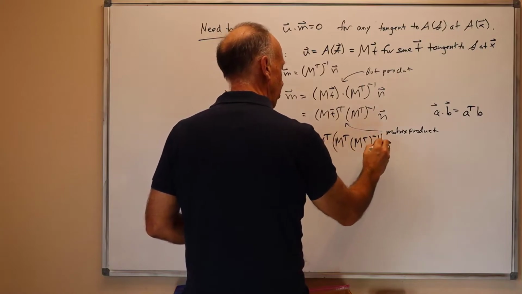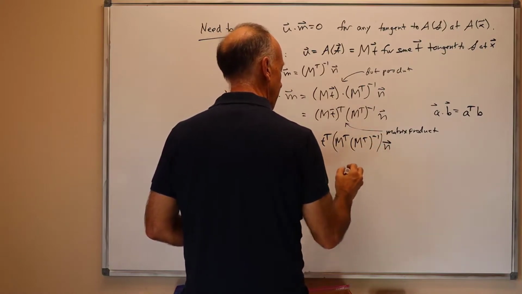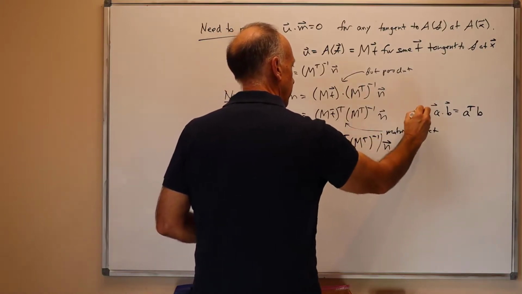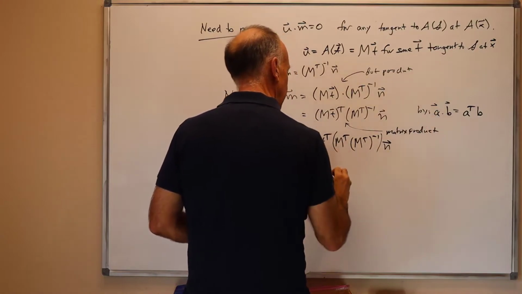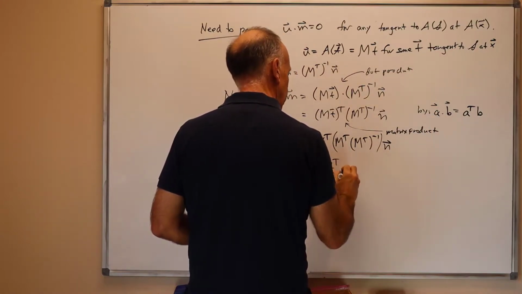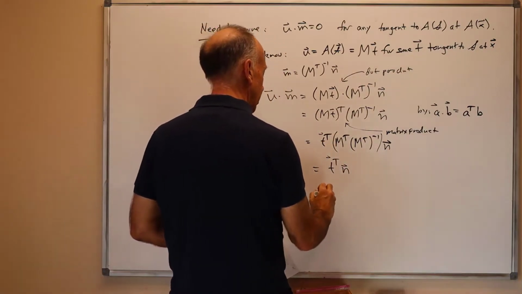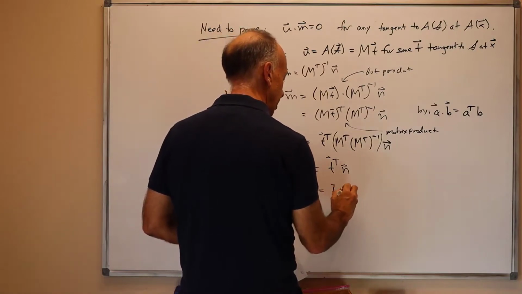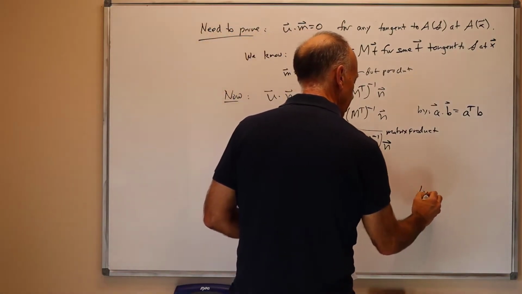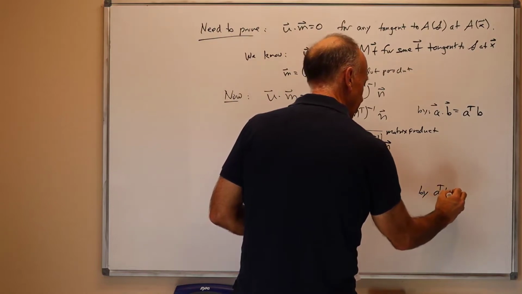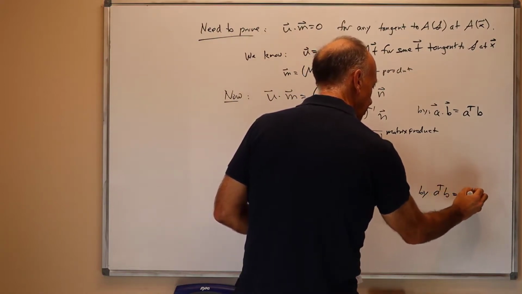So we can group these things together by associativity. And this gives us T transpose N. Okay, and that is T dot N, again by the fact that A transpose B equals A dot B.